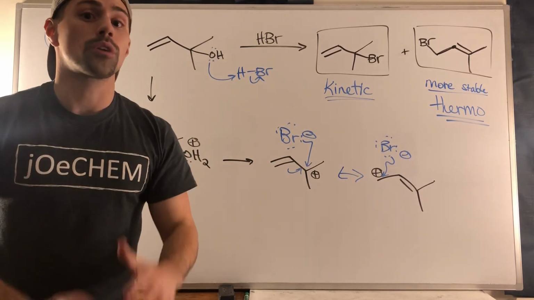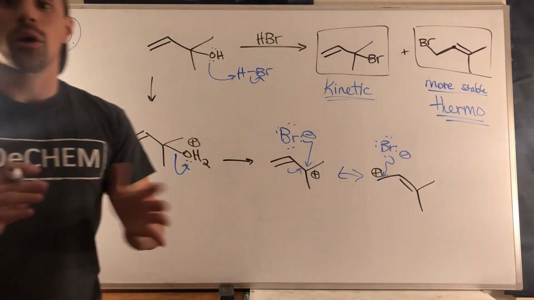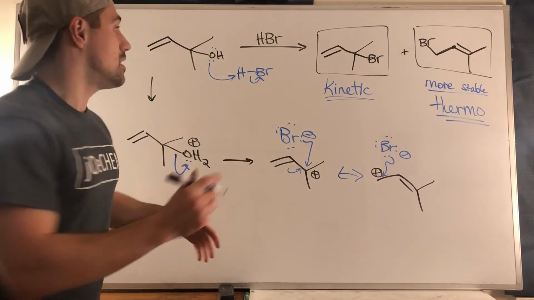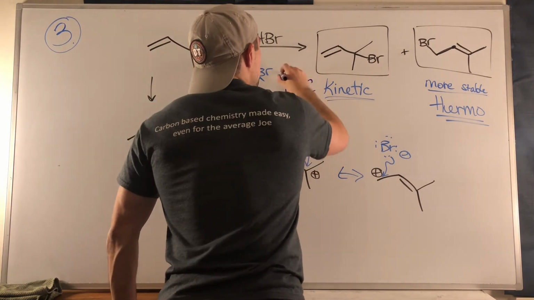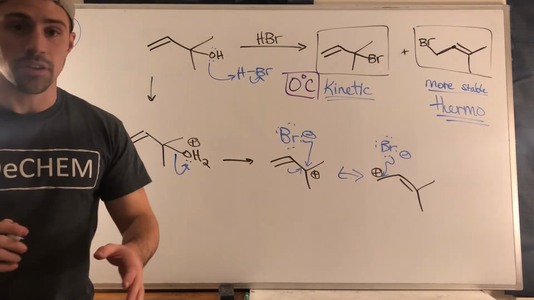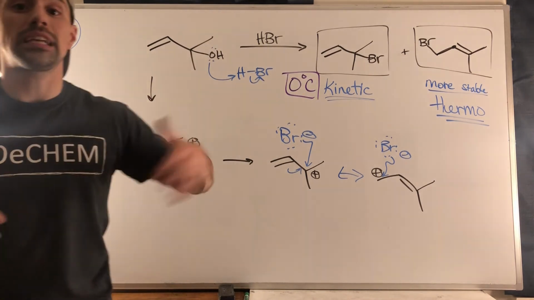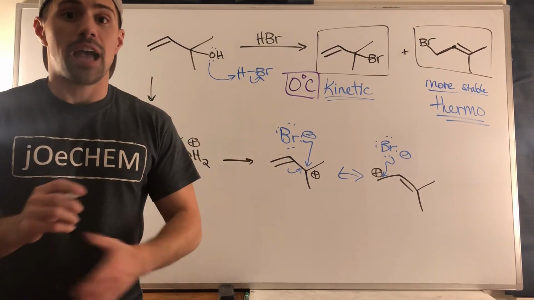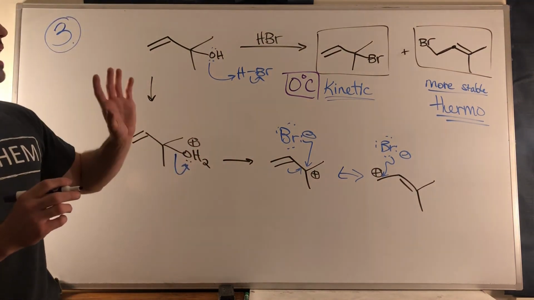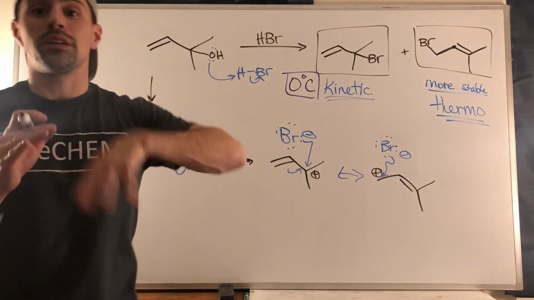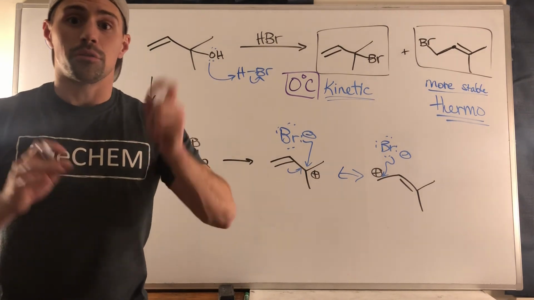That's when you're at lower temperature. So if I'm going to go along with the textbook that I usually reference, I would say you can choose 0 degrees Celsius. It's just going to be something that is colder, right? Now with thermodynamic, you want more heat. You want to be able to have lots of excess energy around you that will facilitate and allow the molecule to rearrange, go through the resonance move.